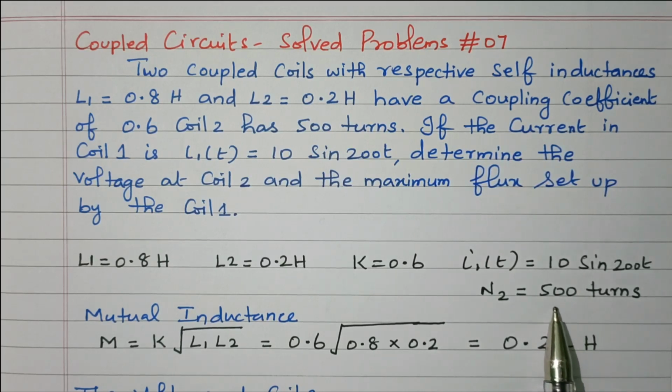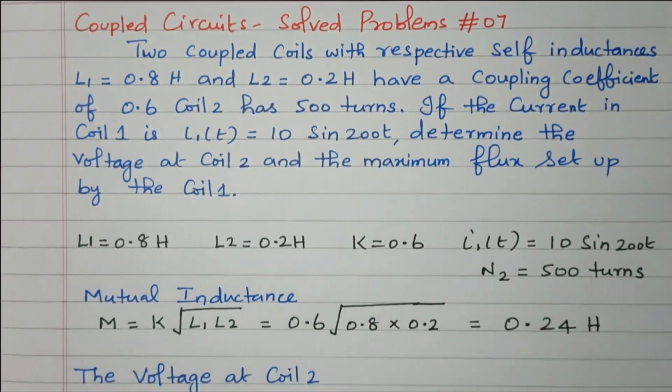We need to find two things: the voltage at the second coil and the maximum flux set up by coil 1. First we will find the mutual inductance M equal to K into square root of L1 L2. K is 0.6, L1 is 0.8, L2 is 0.2. By simplifying we get 0.24 Henry. Mutual inductance is 0.24 Henry.